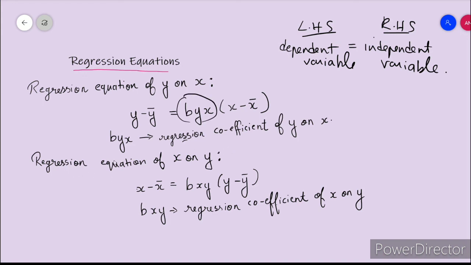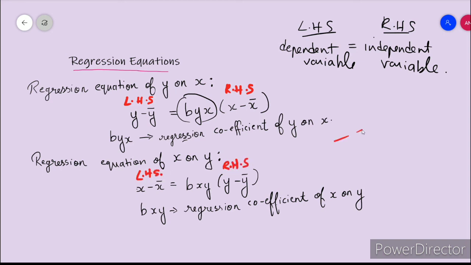Next, suppose x is the dependent variable and y is the independent variable. In the previous case, y appears on the left hand side and x appears on the right hand side, so that is how we know y is the dependent variable and x is the independent variable. In this case, x appears on the left hand side and y appears on the right hand side.